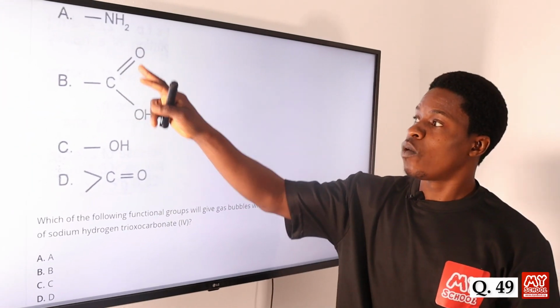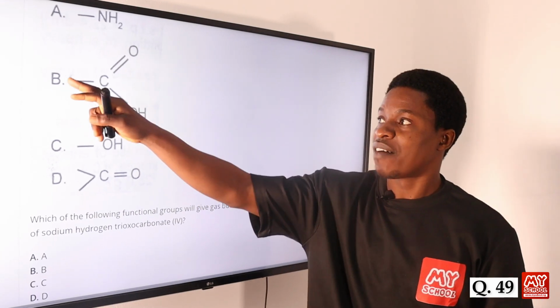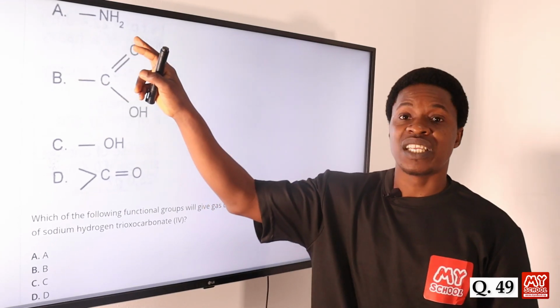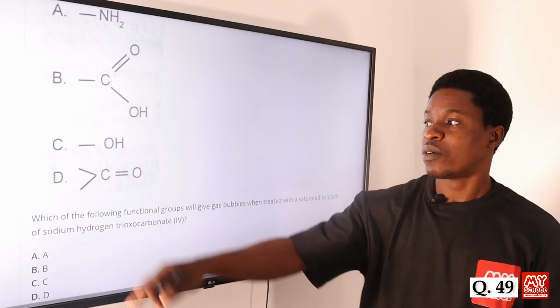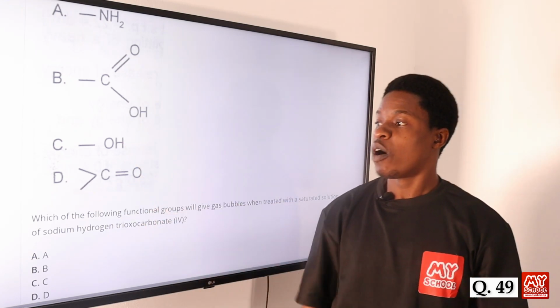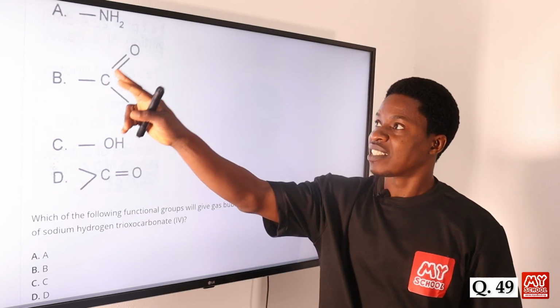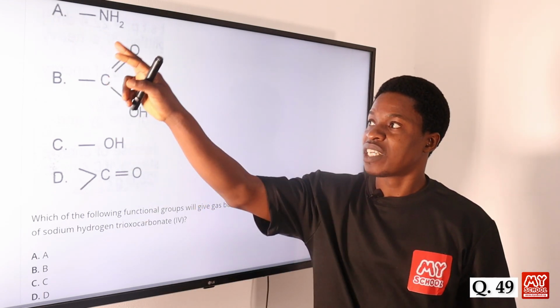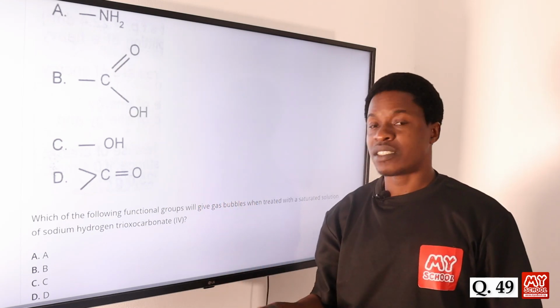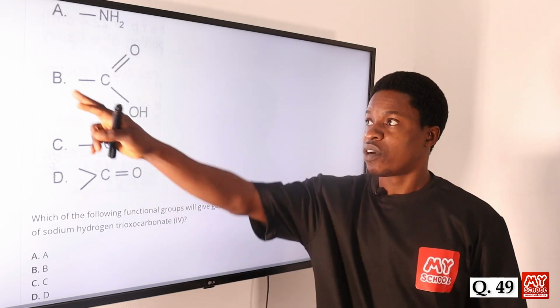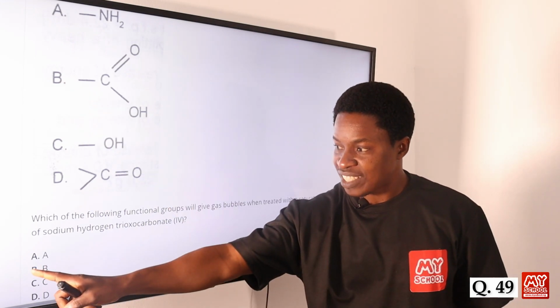This says COOH, of course, this is your carboxylic acid. Then this is OH, this is alkanol, and this is your alkanal. So which of these is correct? The correct answer is the carboxylic acid, which has RCOOH. If you react it with a carbonate, CO2 will be given off. So the correct answer is option B.